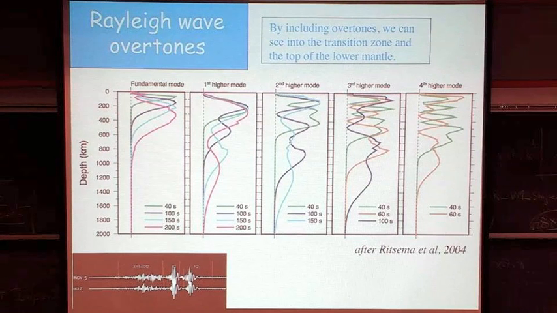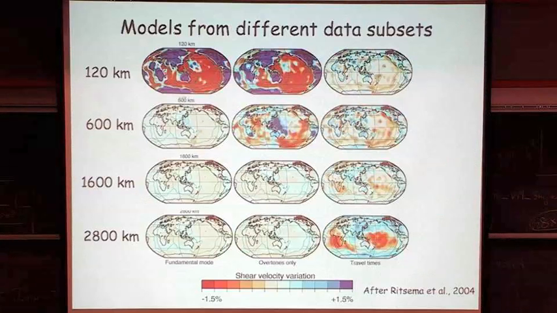So by adding overtones, you add sensitivity from the top. Where surface waves give you sensitivity to the top 200 kilometers, if you add overtones, you increase your sensitivity to deeper parts of the upper mantle and transition zone. Adam showed this slide already on Tuesday. This is one made by Ritsema, where he compares how the model looks if you include only fundamental mode surface waves.